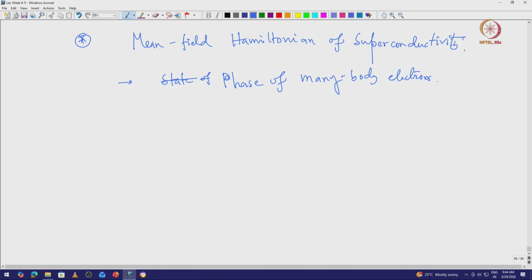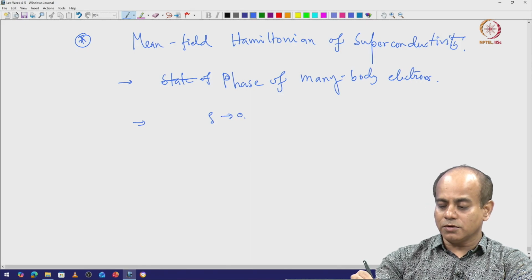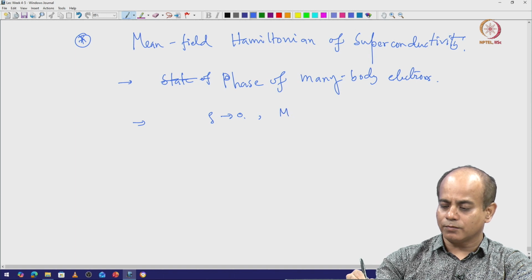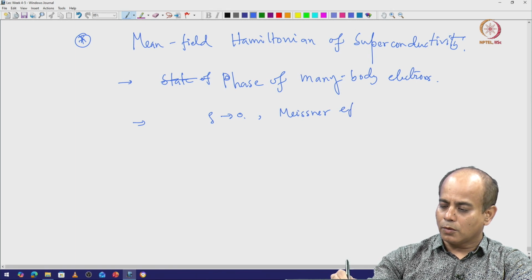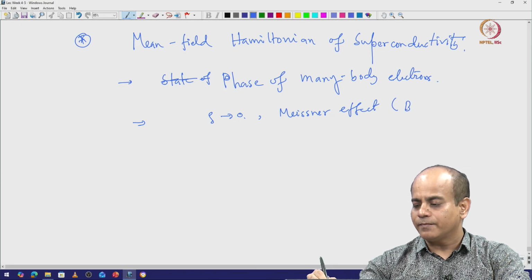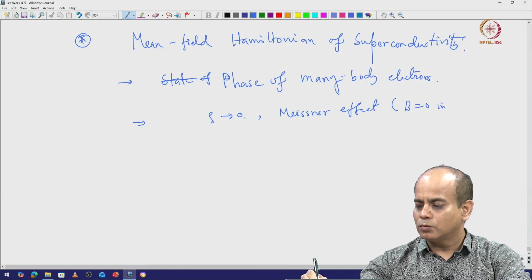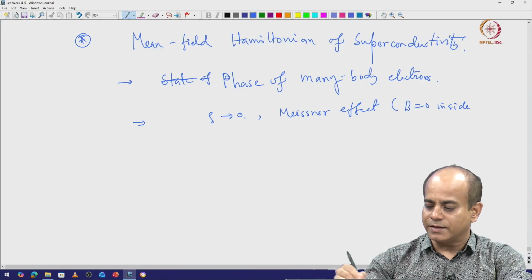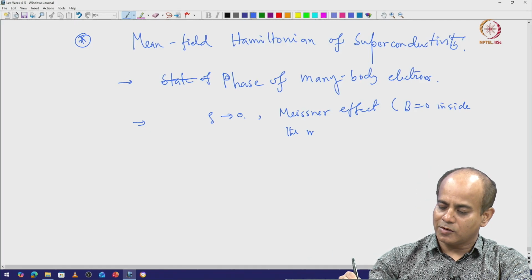So, that means there is a phase transition, and at that phase transition the resistivity goes to 0, and also something called the Meissner effect, in which the magnetic field is 0 inside the material.